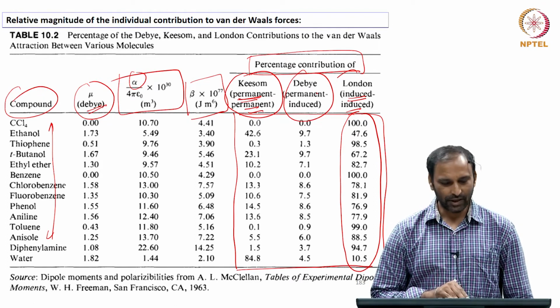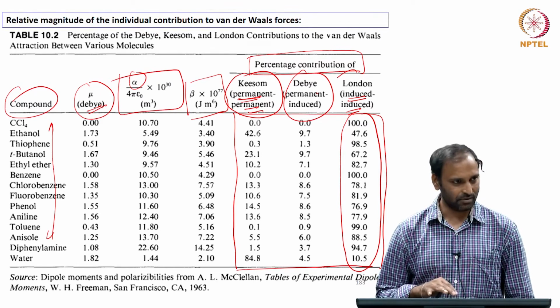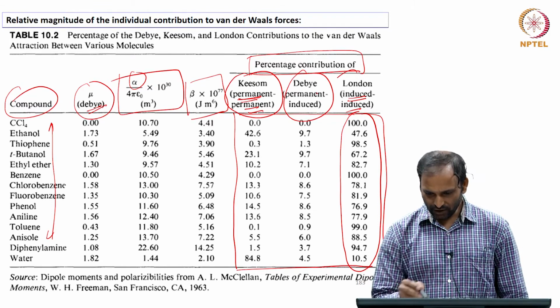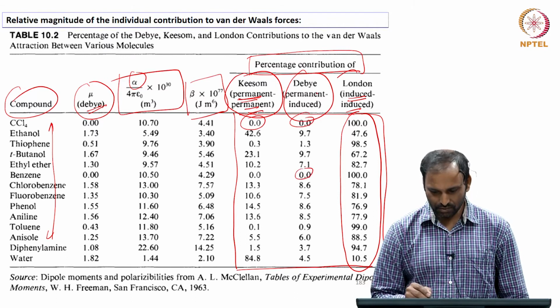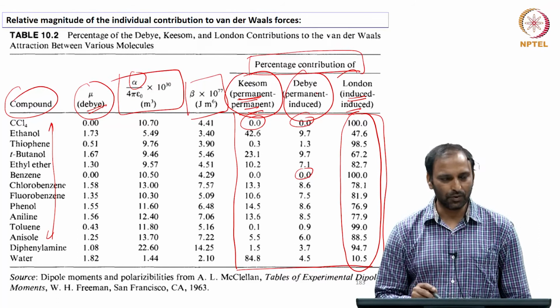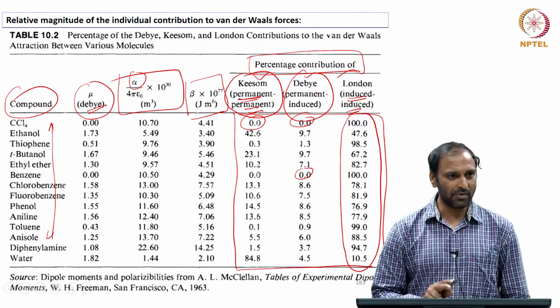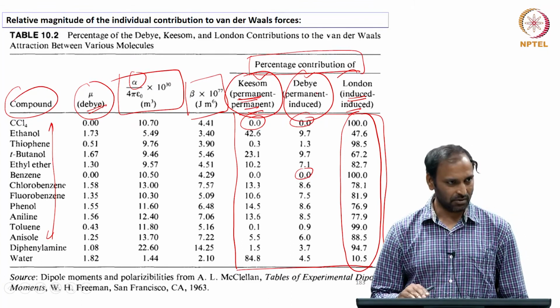That means you take any atom or any molecule, London dispersion forces are always present. That is one thing. And if you look at the other 2 terms, there are cases where this is 0 here, 0 here, 0 here. Therefore, depending upon the molecules that you work with, Keesom and Debye interactions may or may not be there, but the London dispersion forces are always present.